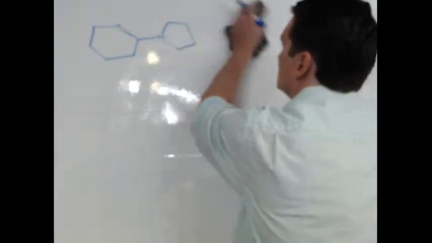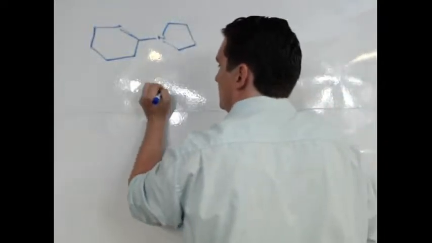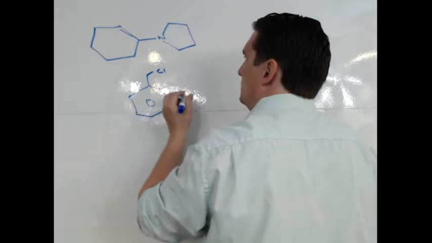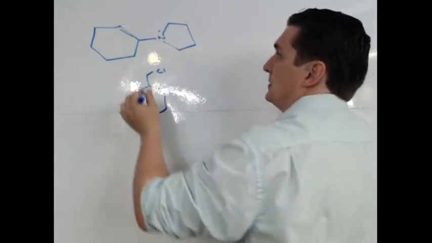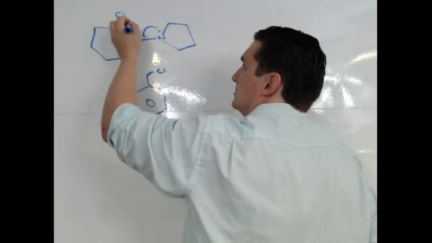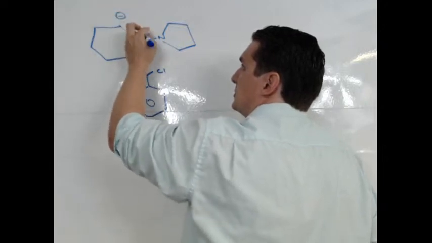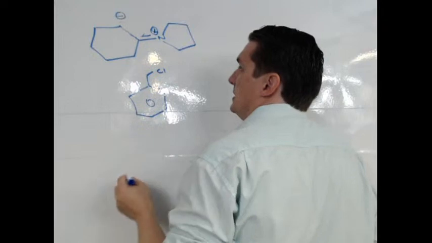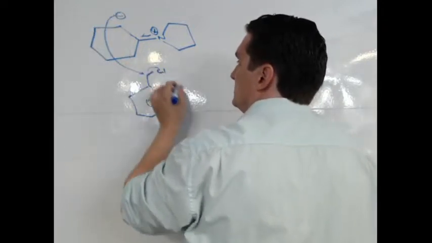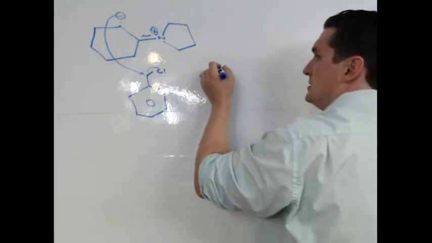So, got this lone pair. Lone pair can kick down, create a lone pair here, and we're going to get formal charges. This negative can displace the chlorine, and this is going to give us this intermediate.